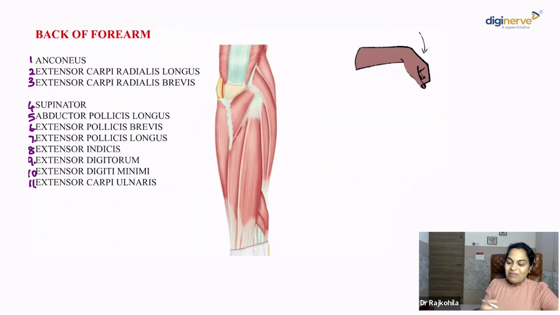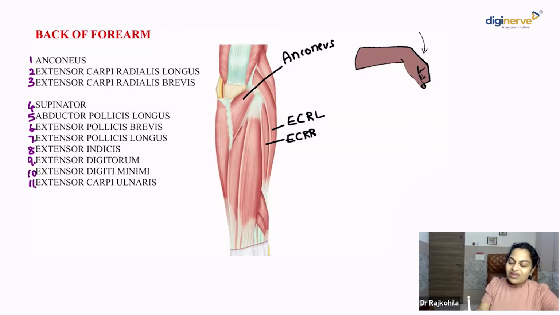Back of forearm. This small muscle that you see here is the anconeus, right? And here, this is extensor carpi radialis longus, extensor carpi radialis brevis. These muscles which are peeping out, abductor pollicis longus, extensor pollicis brevis.